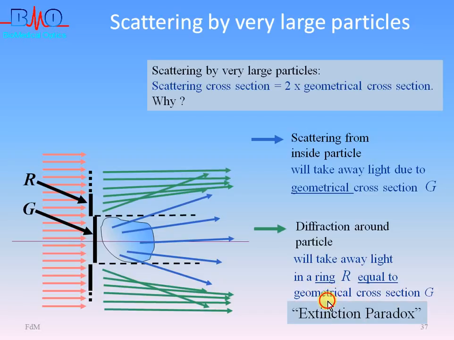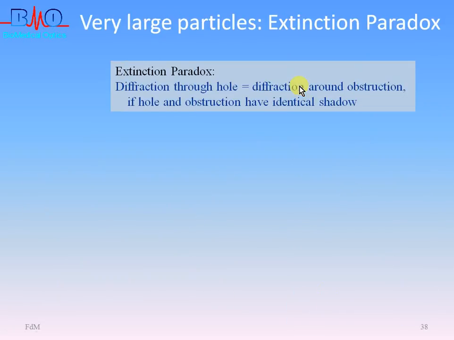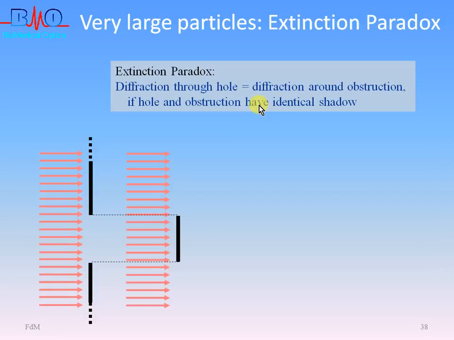And this is the extinction paradox. Why is that? The extinction paradox says diffraction through a hole is the same as diffraction around an obstruction if the hole and obstruction have identical shadows. That can be seen here. Here's the hole and here is the obstruction.